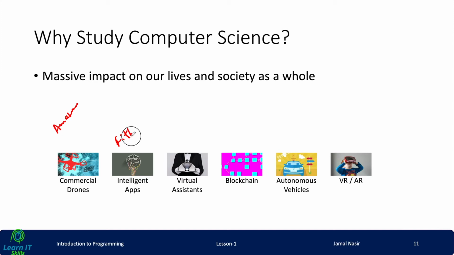Or all of you are using Google Calendar. Virtual assistants, we have Cortana, Siri, Alexa, right? In terms of blockchain, Bitcoins are famous nowadays. And autonomous vehicles, Tesla, Google, right? So we have so many applications nowadays.